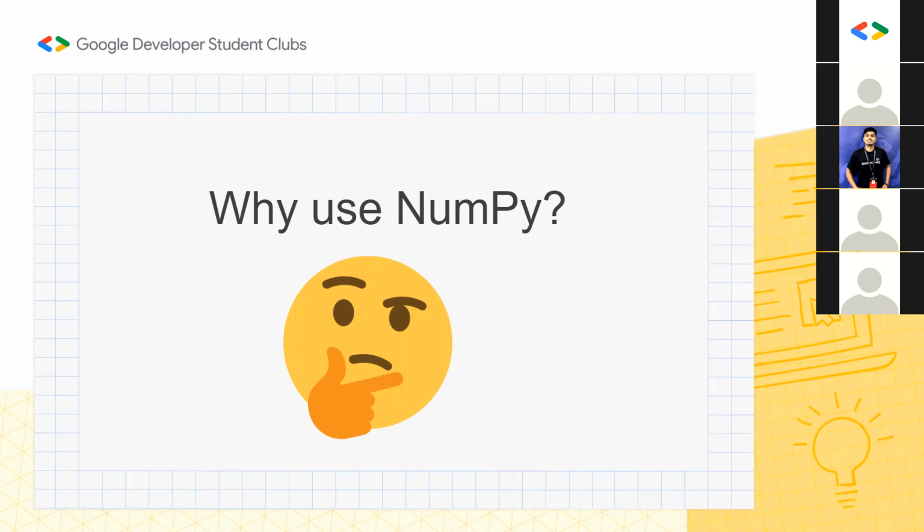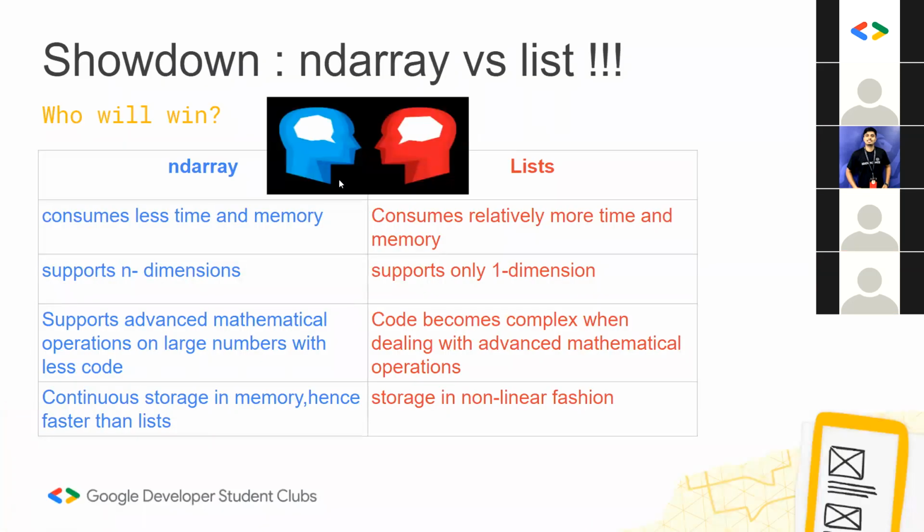And let's actually look at the difference between an ndarray and a list. Now, ndarray consumes less time and memory to perform an operation, whereas lists take more time and memory. ndarray supports n dimensions, which means it can have 1 dimension, 2 dimensions, 3 dimensions, or any number of dimensions. On the other hand, lists only support 1 dimension.